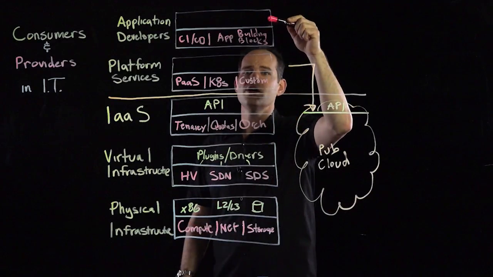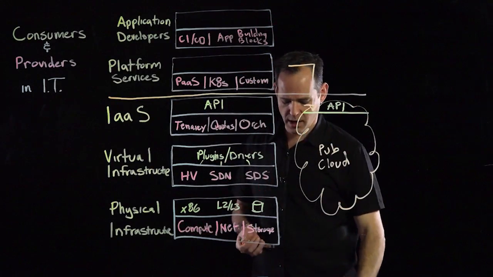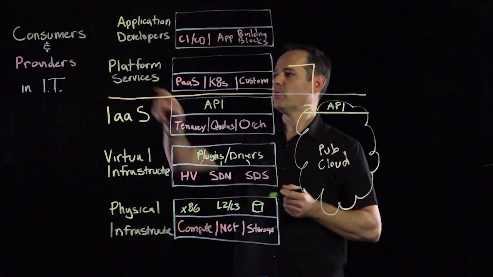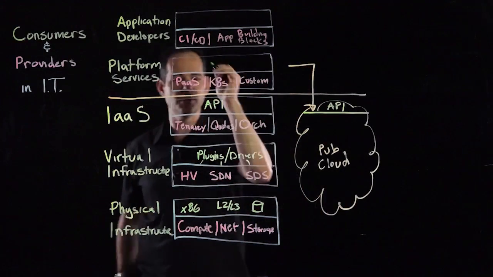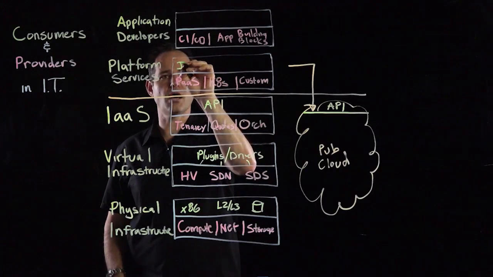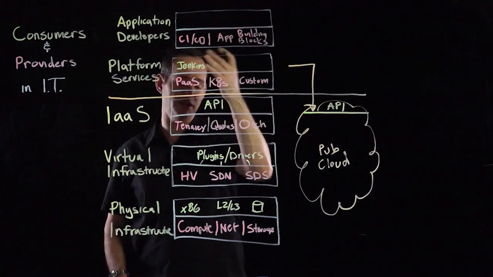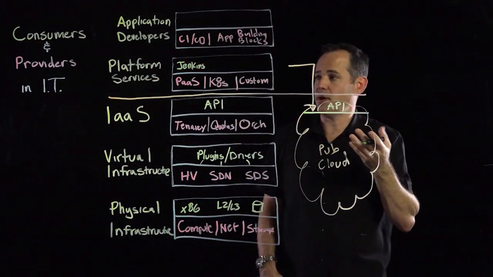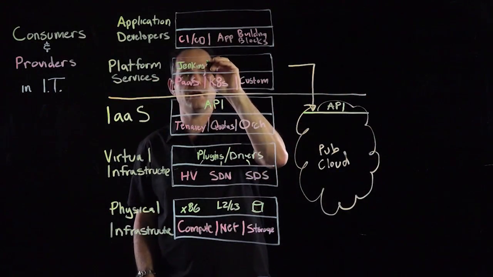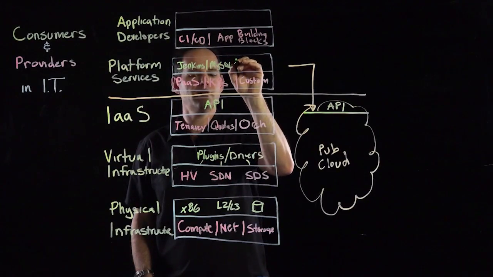So instead of going down and having virtual machines that you need to configure or instances or whatnot, instead, the platform services team can produce building blocks for the application. So it could be Jenkins, it could be some sort of CI/CD pipeline that they just want. Maybe it's database as a service, right?